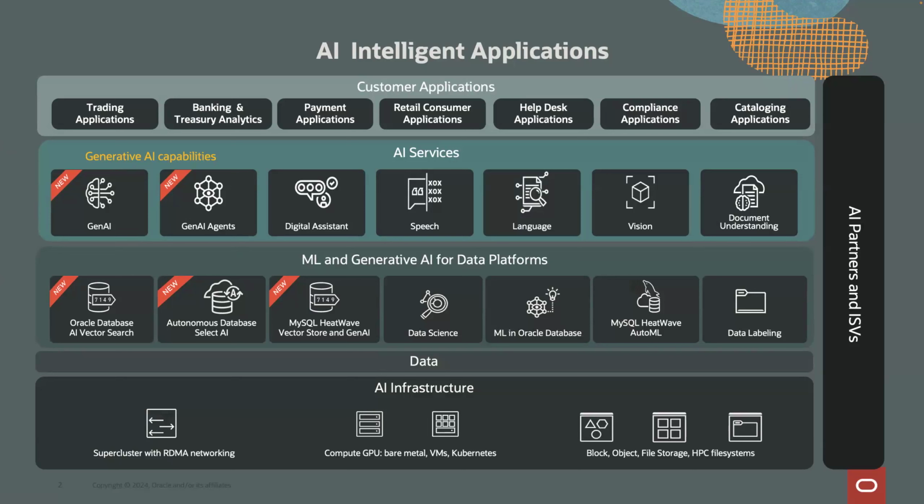Now, for customers who are not looking at building their own AI services, but looking at extending their applications to leverage those services, we're also building support for our various AI capabilities into our application suite. So our consumers of our HCM, our CRM, I believe our ERP, Fusion applications have access to our digital assistants, have access to speech and other chatbots.